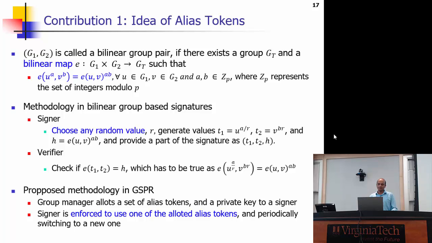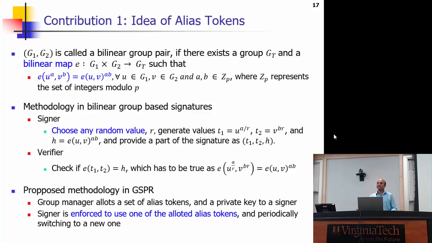So what we did to come up with a scheme is that the group manager allots a particular set of values r. So the signer cannot just randomly choose any r. It gives a particular set of these values r, and a private key which is related to these values.